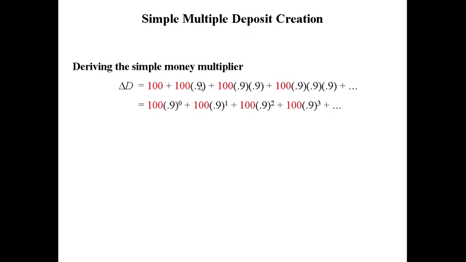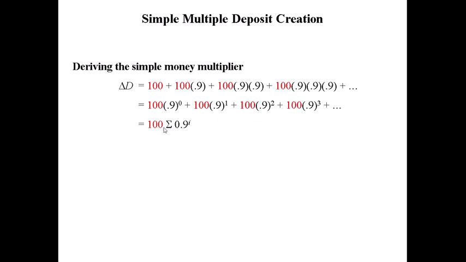Now notice that the exponent of this is 0, and 0.9 raised to the 0 power is 1. So we're essentially multiplying this by 1, which equals that. This is 0.9 to the 1 power. This right here is 0.9 to the second power, and this is 0.9 to the third power.